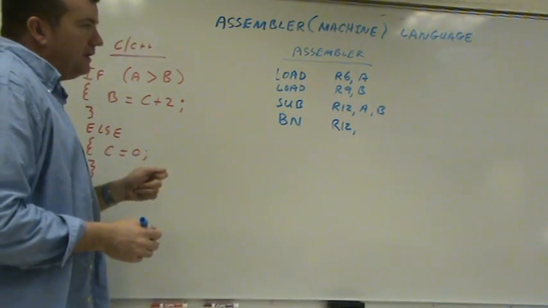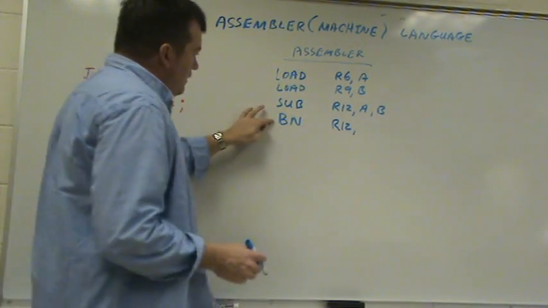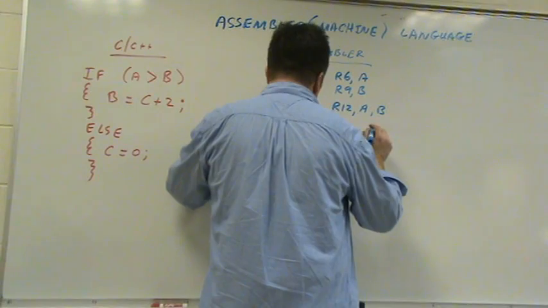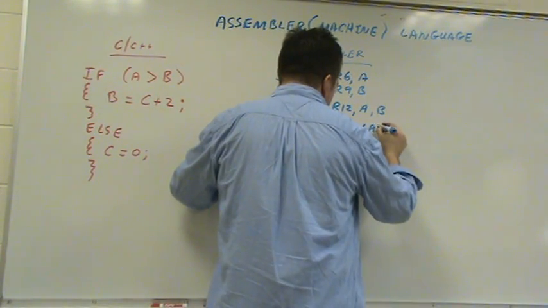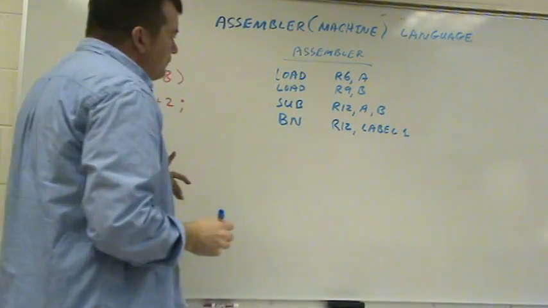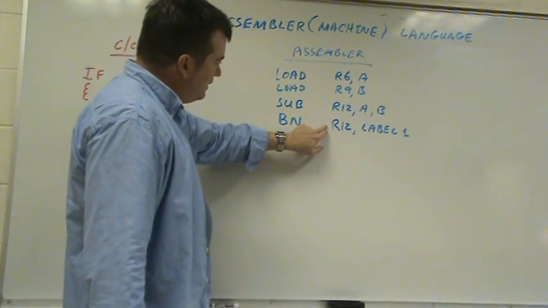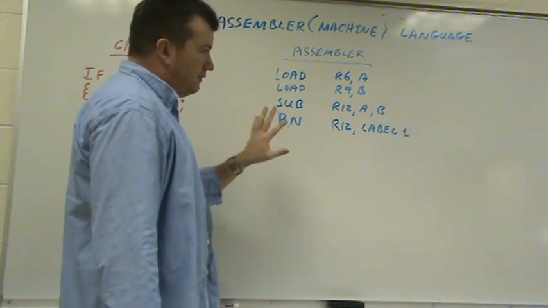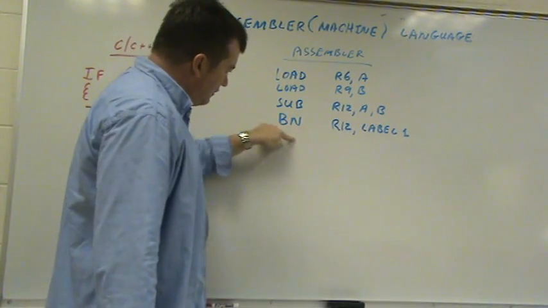Check the high order bit, and if the high order bit is a 1, then we're doing what's called a branch, and we'll just go over this in a second. And I'll put a label here, label 1, let's say. So I'm taking the results of register 12, and if it's negative, meaning the higher order bit is on, my next instruction will not be right after.